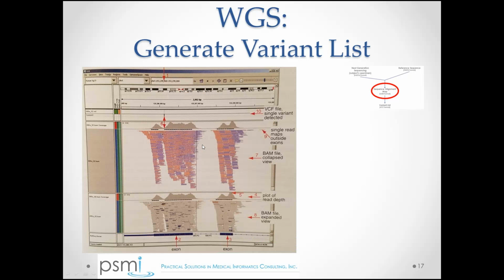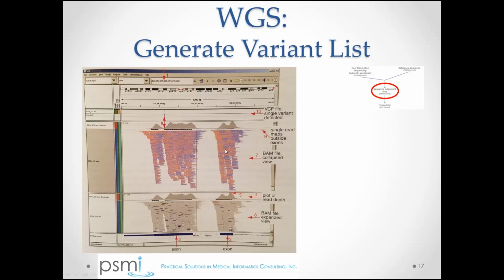So you'll see here that sometimes these whole exon sequencing experiments will have a lot more reads per locus than whole genome sequencing. For whole genome sequencing, you may have, for instance, 50 to 100 reads per spot. But the more reads that you have at a particular spot, the more confidence you have in the base that you're calling at that particular spot.